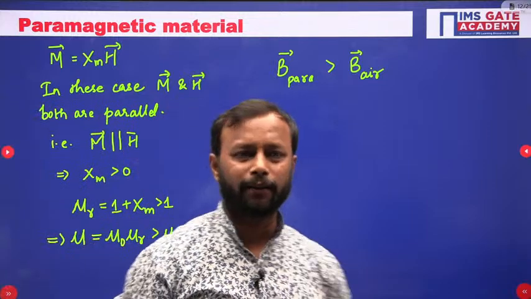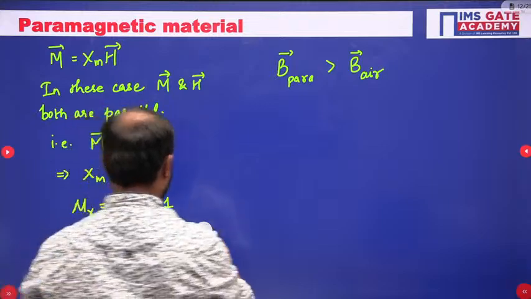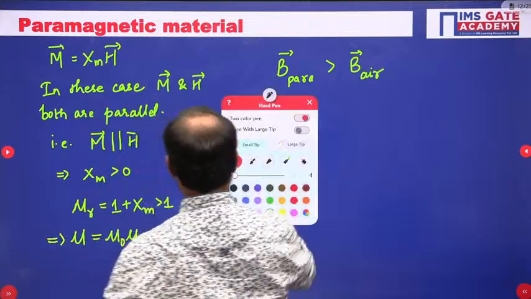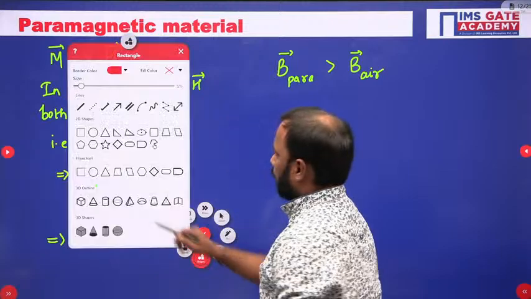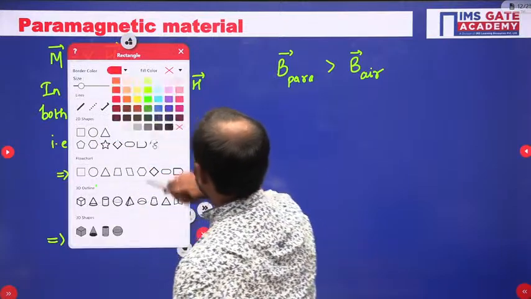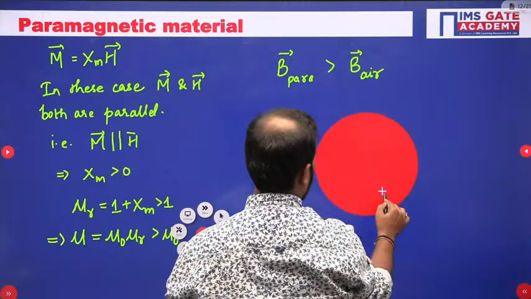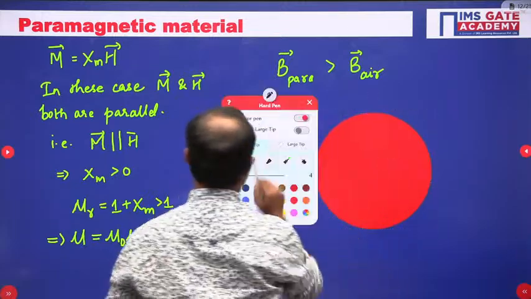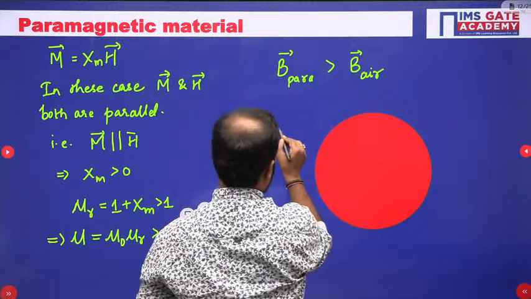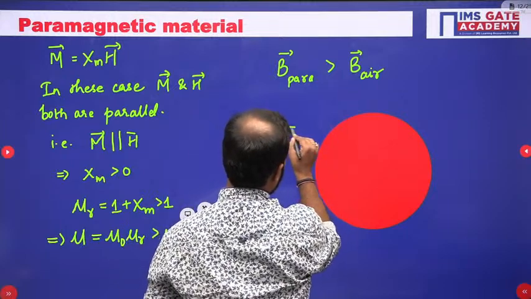Any doubt? Tell me quickly. So when you draw the material, or if you choose a paramagnetic material like this, see what is going to happen. Outside the material, not the air, it will be like this.